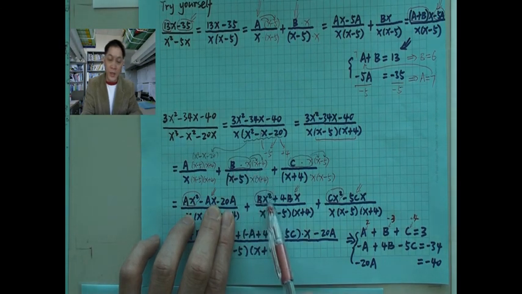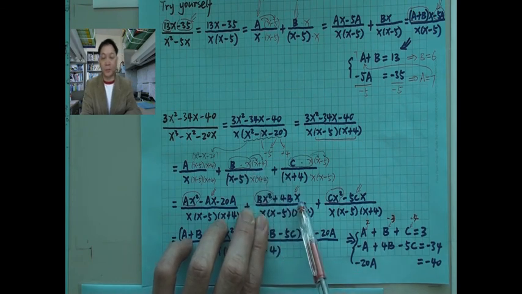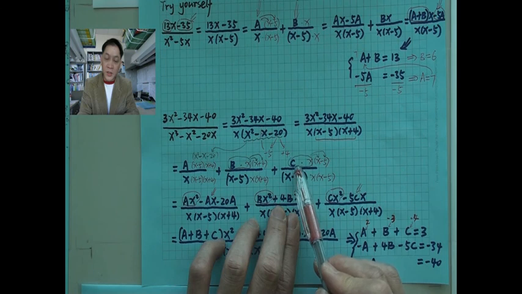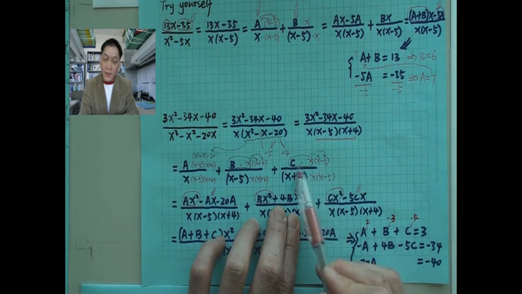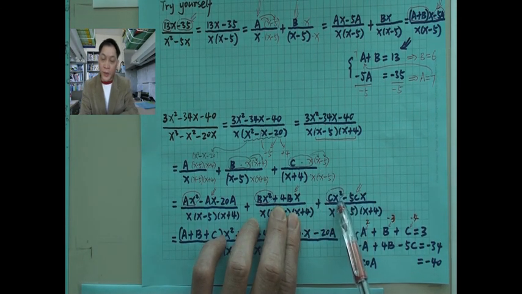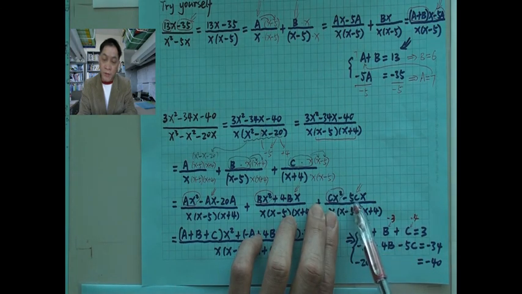Bx times x is bx squared. Bx times 4 is 4bx. Here is c times x minus 5, so cx times everything inside. Cx times x is cx squared, and cx times negative 5 is negative 5cx.